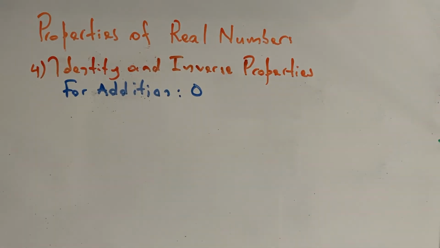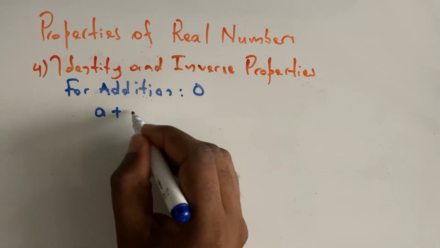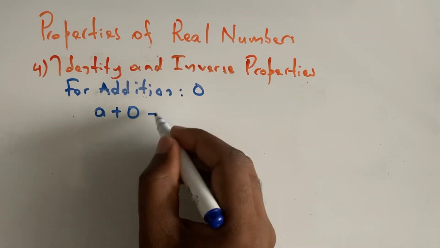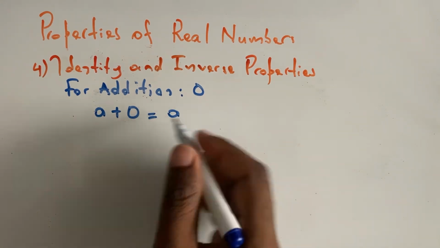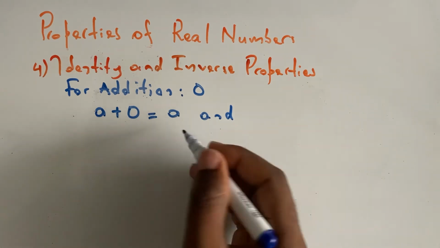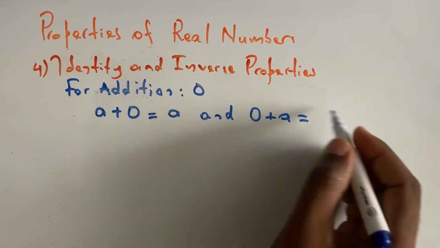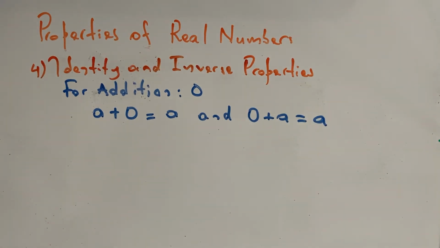So 0 is the identity element for addition. Why? Because if we have a plus 0, this is equal to a. And because of the commutative property, 0 plus a would be the same thing, a. Okay, so that's why we call it the identity property.